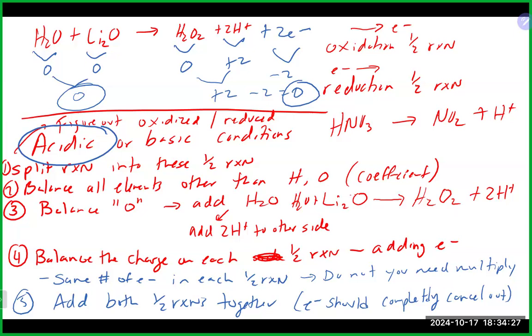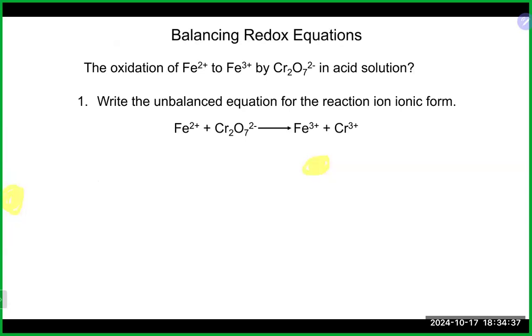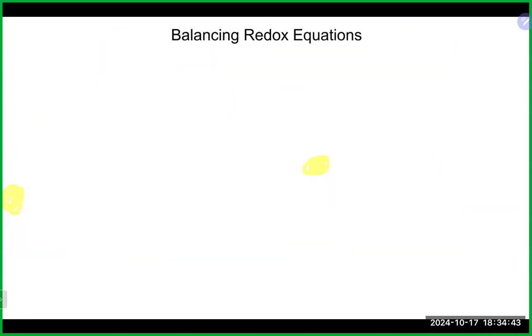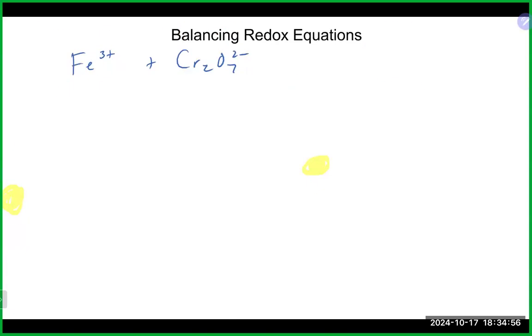All right, so that's a lot of words. Let's actually do one together so you can see how you put all this in place. Let's take a look at this reaction. I'm going to rewrite it as iron 2+ and dichromate, Cr2O7 2-, going to iron 3+ and Cr3+.